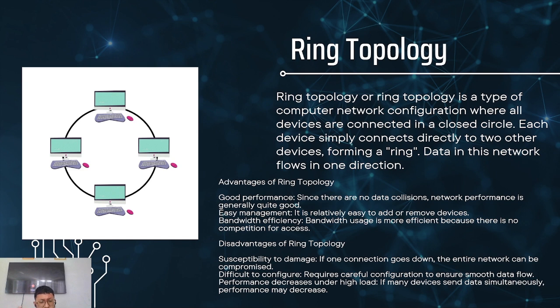It only needs device-to-device connections. There are some advantages, and the disadvantage is that when a cable breaks or is cut, some devices are no longer connected. For example, with PC1, PC2, PC3, and PC4, if this cable is cut, PC4 and PC1 cannot connect, like they cannot ping.